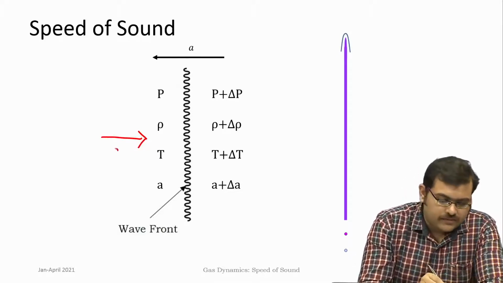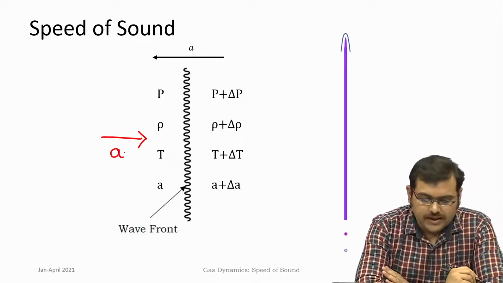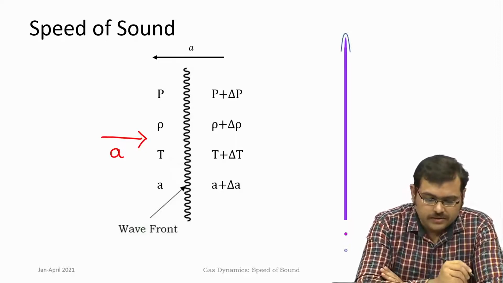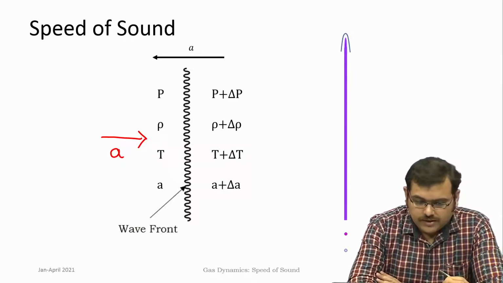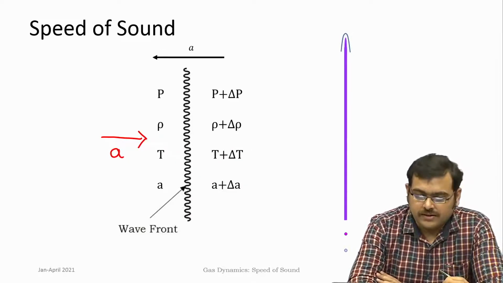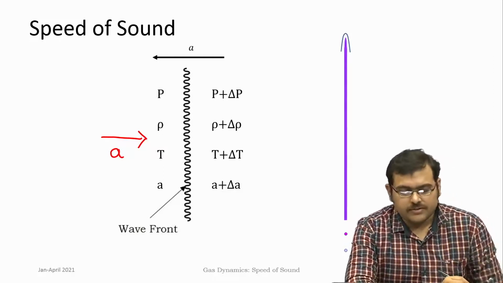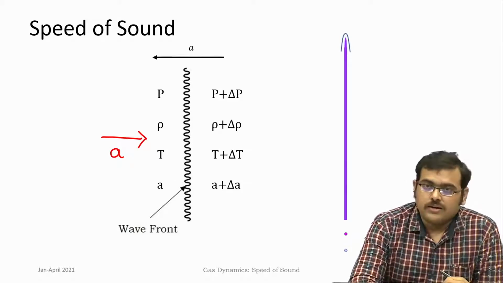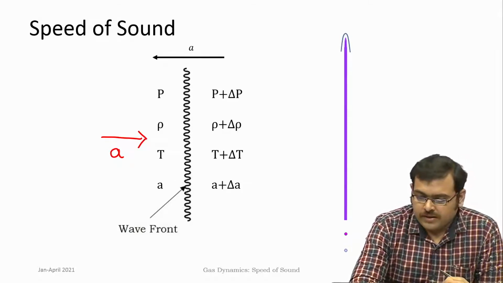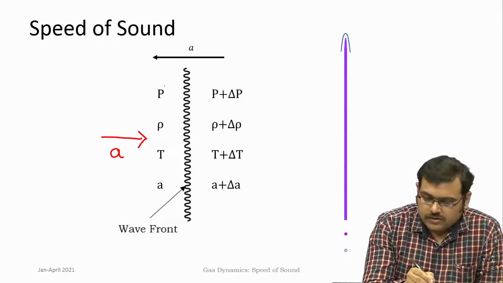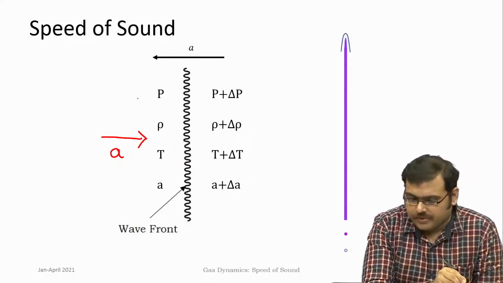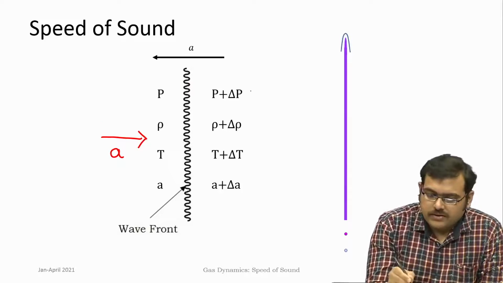So, you can give a velocity a, now going from left to right. If you impose that, then this wavefront can be made stationary, and then the steady flow equations can be applied on this wavefront.